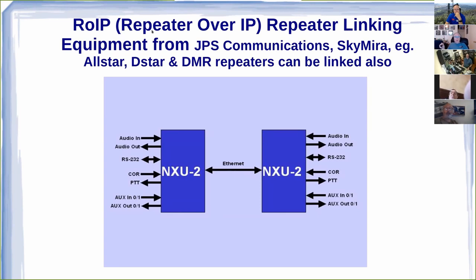Also, you could buy a couple of these devices from either SkyMira or JPS and slap them on an analog repeater as shown there and just link them across the mesh network and you're up and running. You can buy used on eBay a lot cheaper than you could put together a 420 repeater for each end for linking.